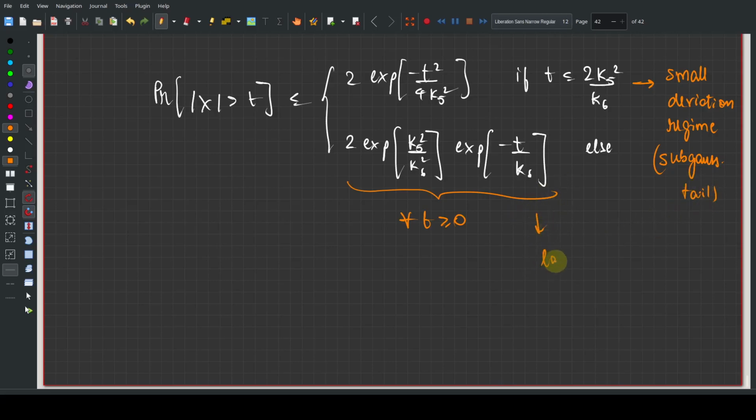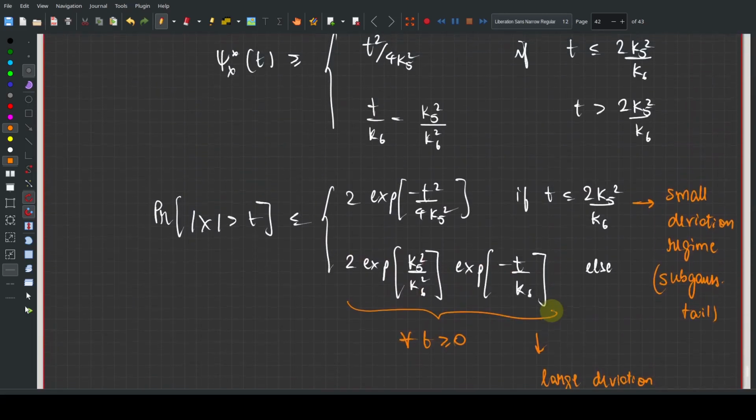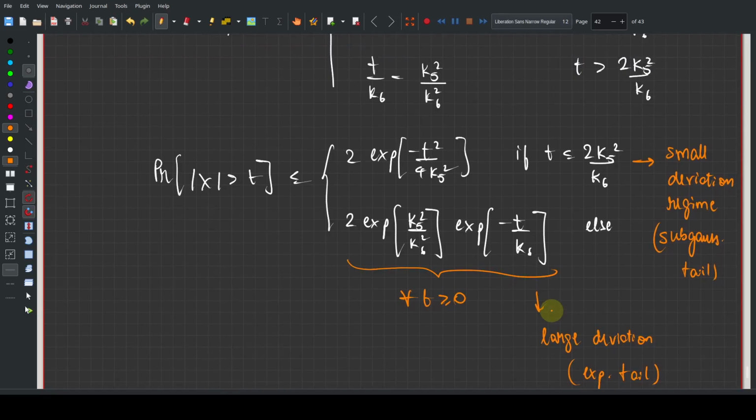But in the large deviations regime, that is for large t, you have exponentially decaying tails. Right, any questions?